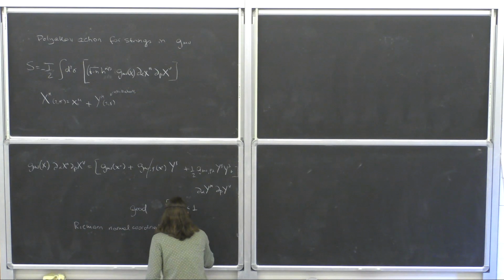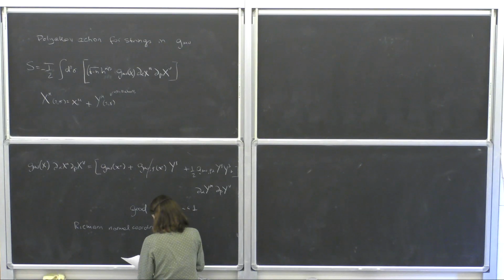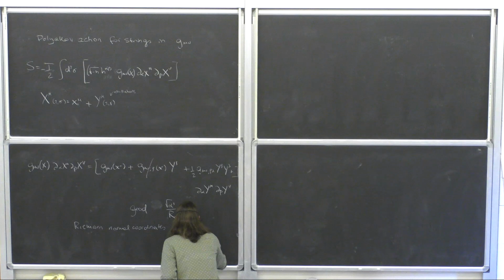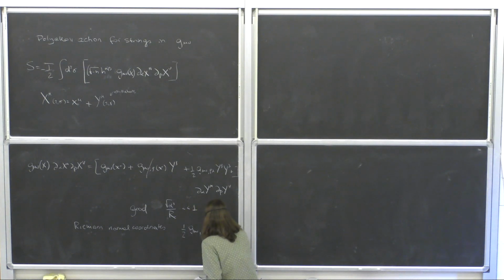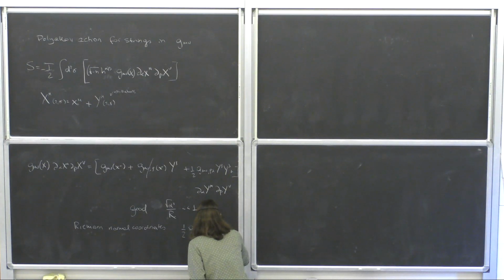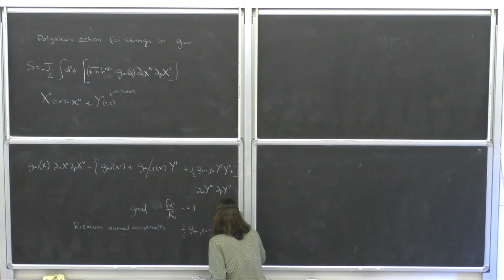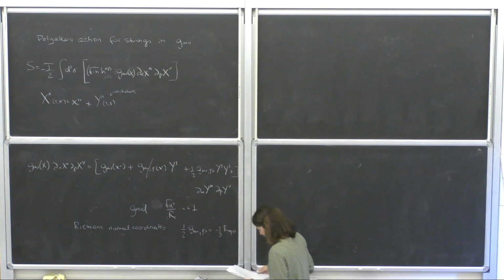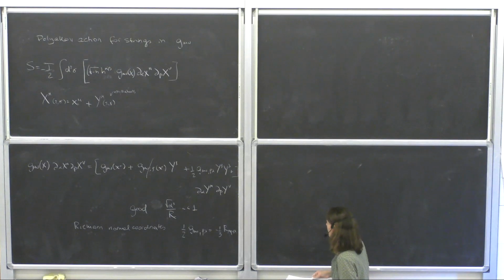In them, 1/2 of G_{μν,ρλ} is equal to the Riemann tensor minus 1/3 R, with indices μρνλ.